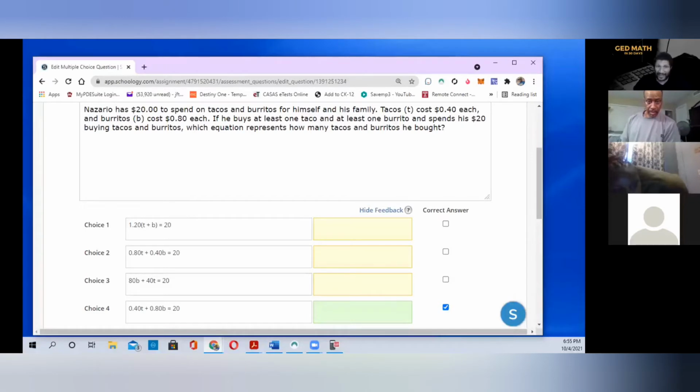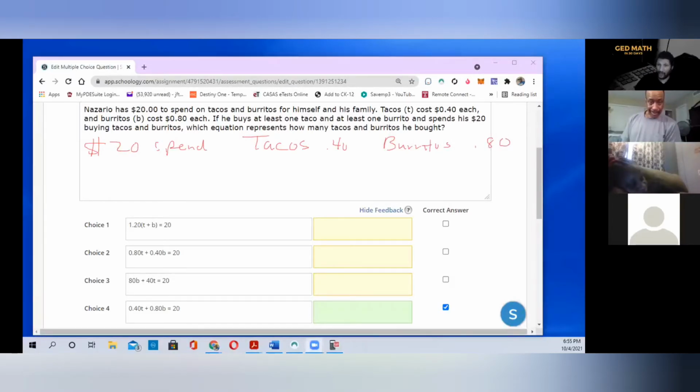Wow, so let's write that down. Let's understand what we got. So he got $20 to spend. The tacos cost 40 cents. The burritos, and I love burritos, by the way, cost 80 cents, right?